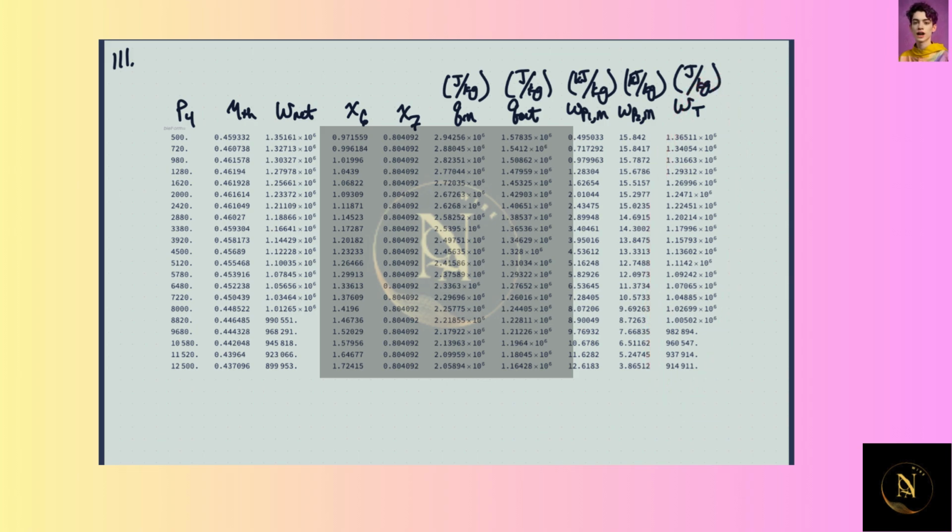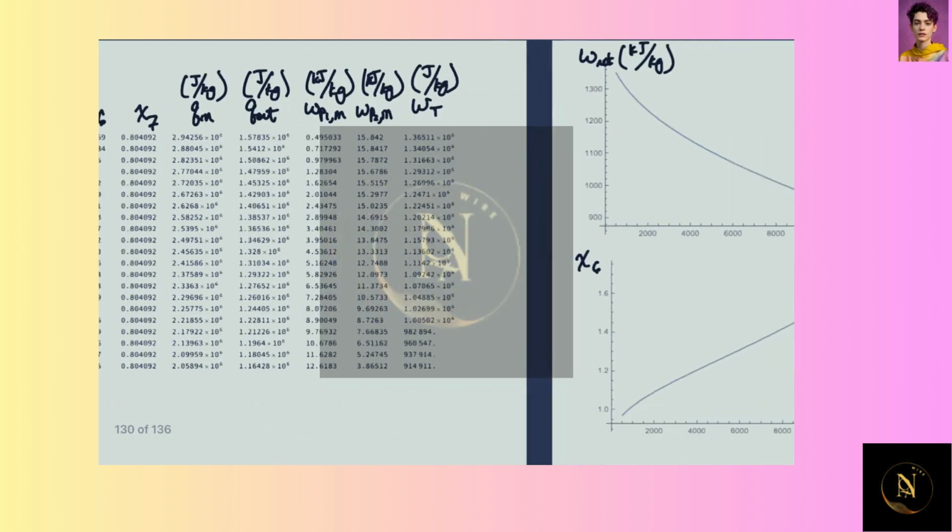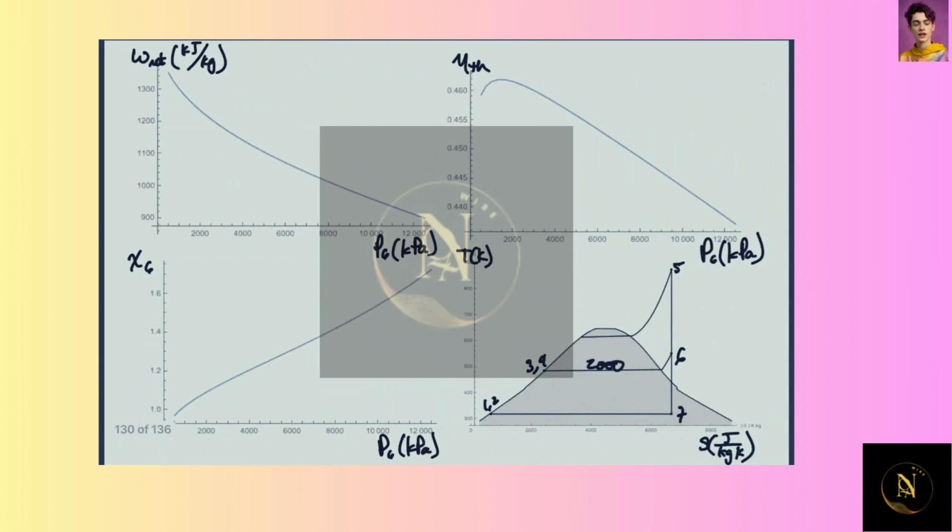We can see here that these pump pressures, one goes up, one goes down, which isn't surprising if you just think about it a little bit. But again, they're very small changes compared to the power out of the turbine. So let's see how these things look. Net work, as this pressure goes up, we just continue to go down.